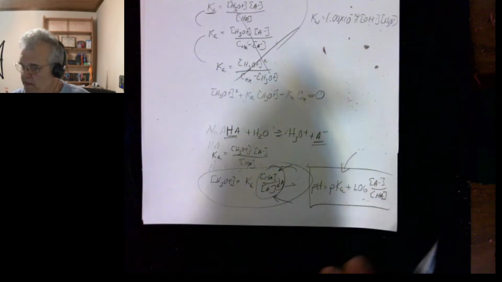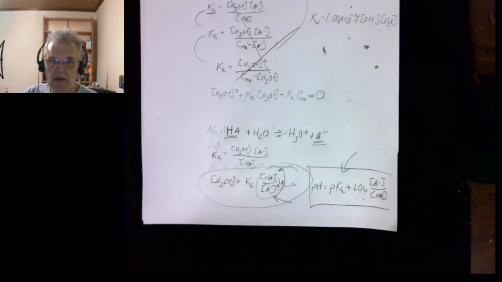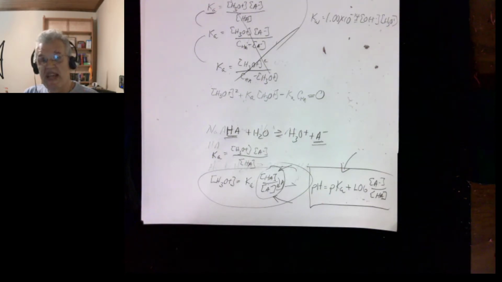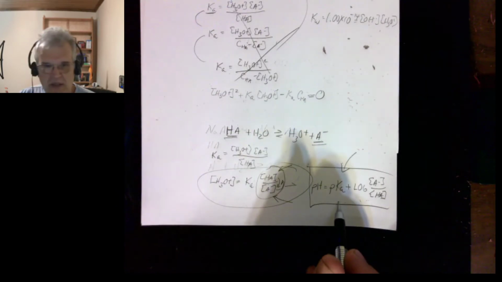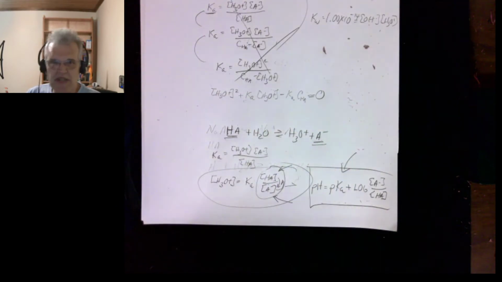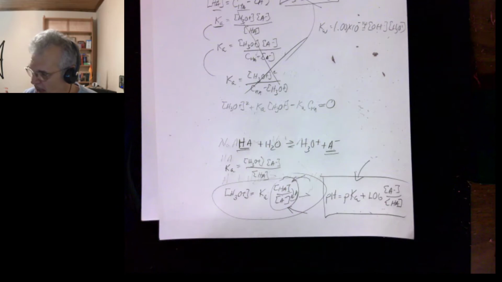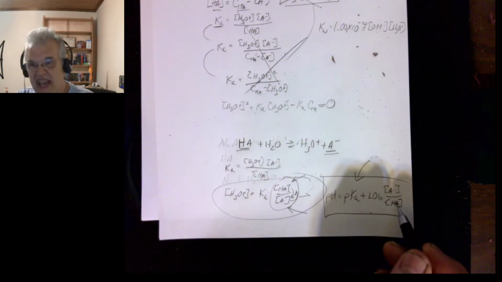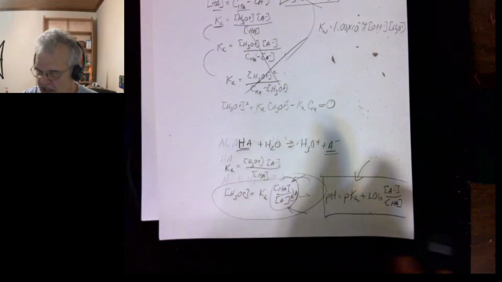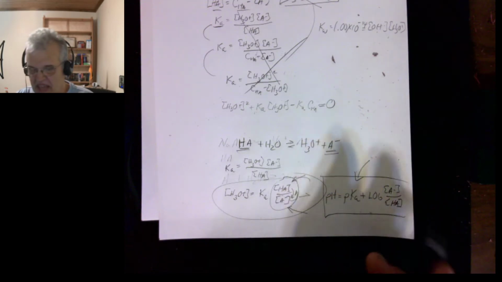When it's a buffer, boom, you say Henderson-Hasselbalch. Anytime it's a buffer, boom, Henderson-Hasselbalch. If you've got the weak acid and its conjugate base and they tell you the concentrations, boom, Henderson-Hasselbalch. This is what you're using. Every time, I don't think there's any exceptions to general chemistry too that would come up with. If you've got the conjugate base and the weak acid concentrations, boom, you're going to do Henderson-Hasselbalch, and that means you're going to use the pKa inside there.